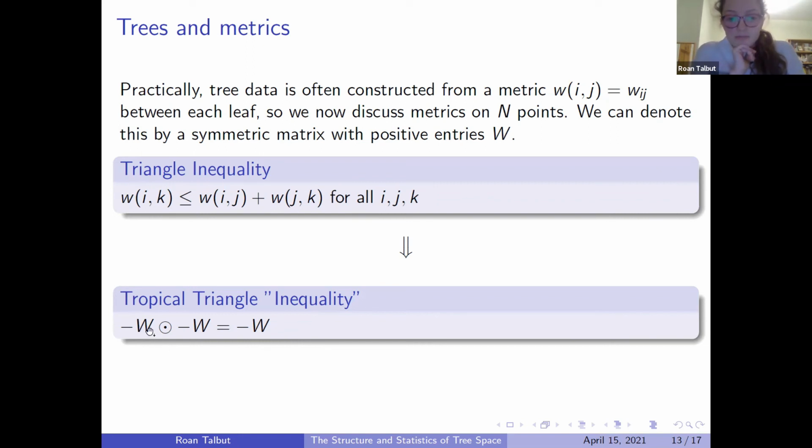So this kind of matrix multiplication is basically taking, for each j, we're adding together w_ij and w_jk, and that's our multiplying.